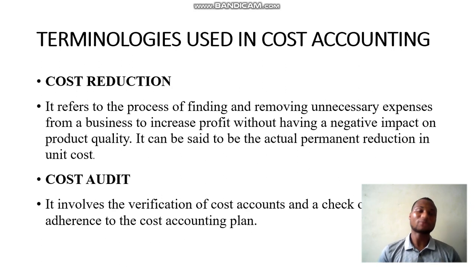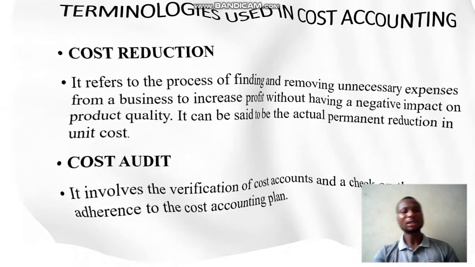The cost accounting plan could be in the form of budgets. Are you following that? We want to ensure that what you are saying is true. Is it the actual cost? Then we say we are doing cost audit. So the emphasis here is costs. We are auditing, we are verifying our cost books.